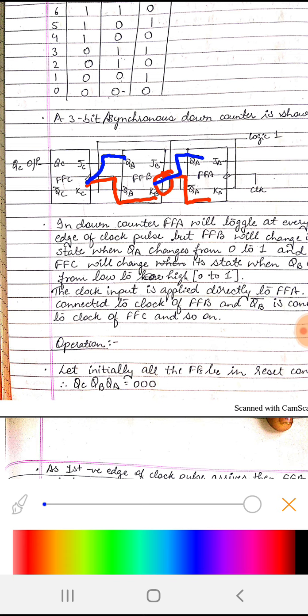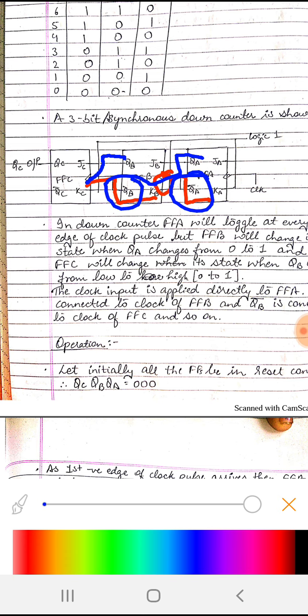But in the down counter we will provide the intermediate clock from the complemented output of the flip-flop. That is the only difference in the designing of an up counter and the down counter.